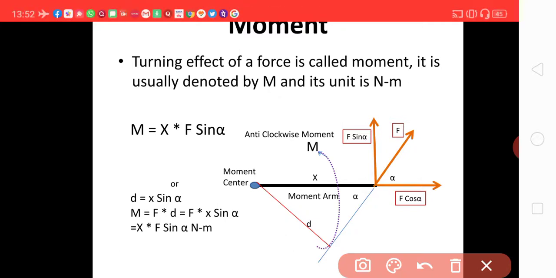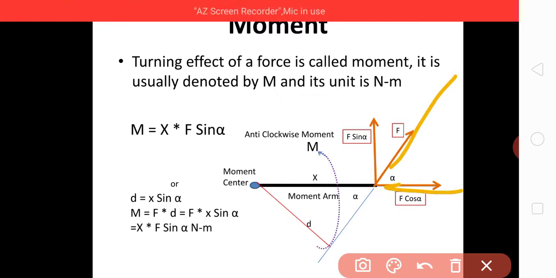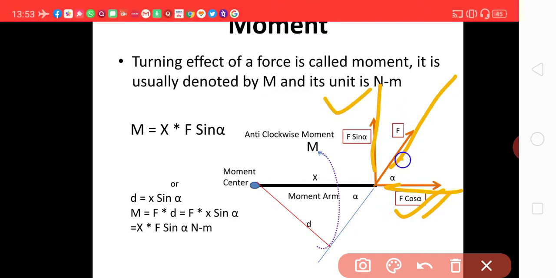We can formulate this the other way also. Just divide this force into its horizontal and vertical components. This is your F cos alpha, this is your F sin alpha. Then take the moment of F cos alpha about the moment center.